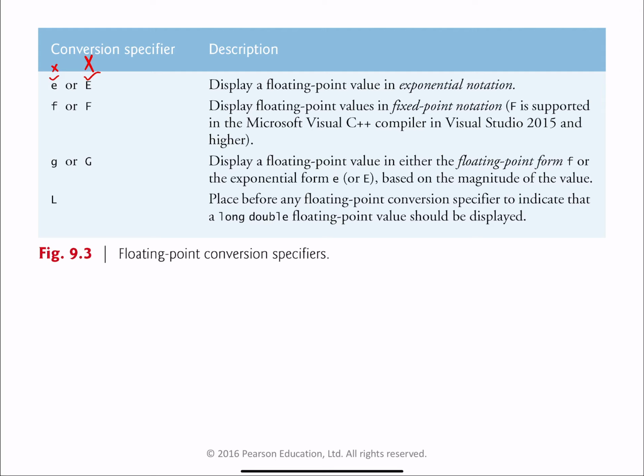We're already familiar with the use of f as a conversion specifier, and then there's another new one, g. What g does is leave it up to the computer, up to your program actually, to decide how to best display the fractional number that you have, whether to use the exponential notation or to stick with the decimal format that you get when you use the f conversion specifier.